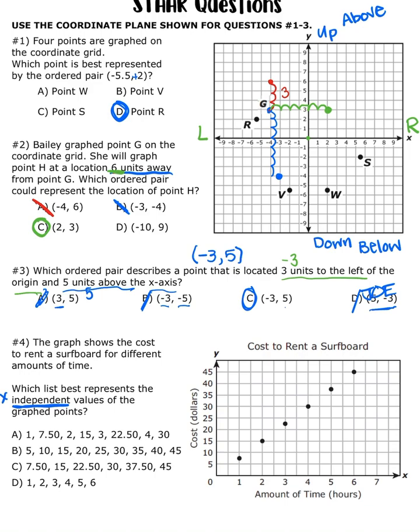X is independent, okay? So on my coordinate plane, I have X and I have Y. So we only want the X's. So if our answer choices have any of the Y numbers, we can already get rid of those. Those are our Joes.